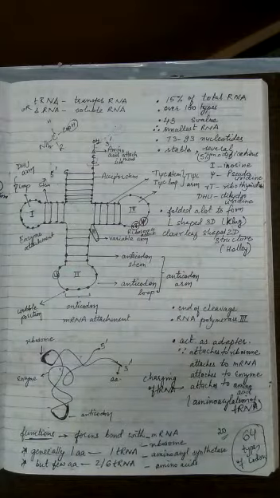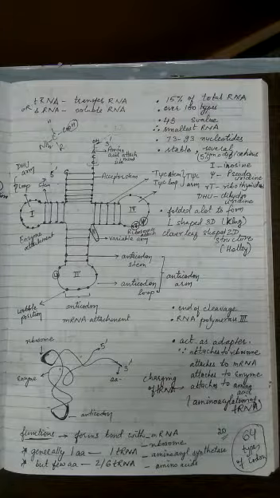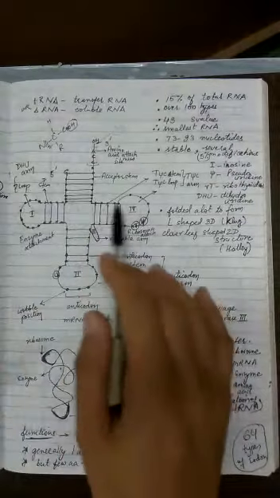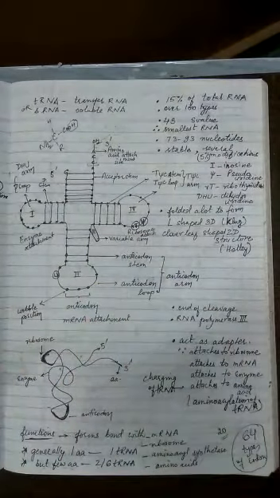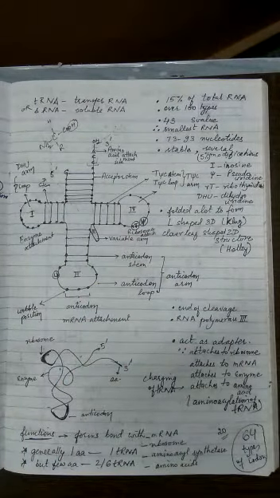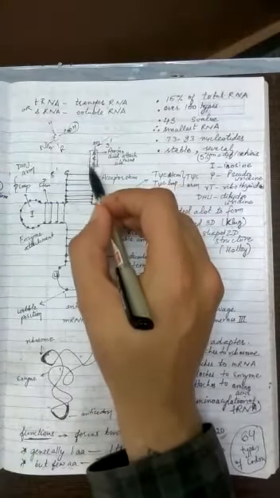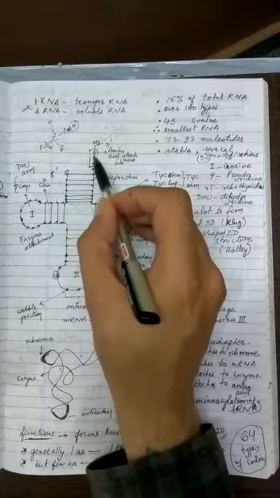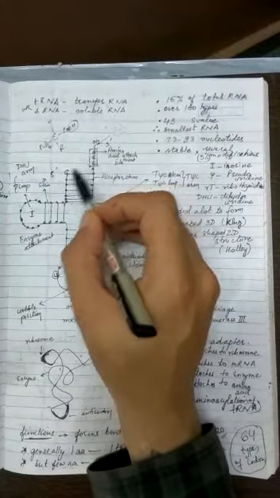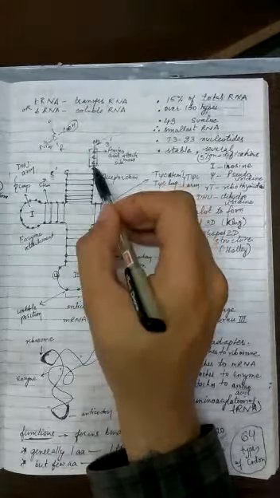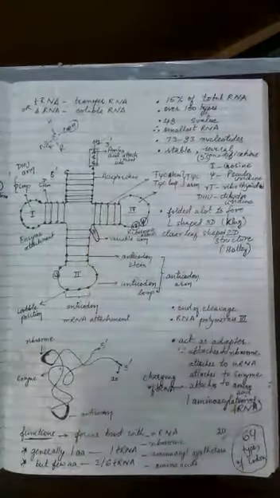What is replication? Formation of DNA from DNA is called replication. Formation of RNA from DNA is called transcription. After transcription is over, after the formation of the tRNA, there will be some post-transcriptional changes. For example, every tRNA will have CCA present in 5' to 3' direction, at the 3' end.